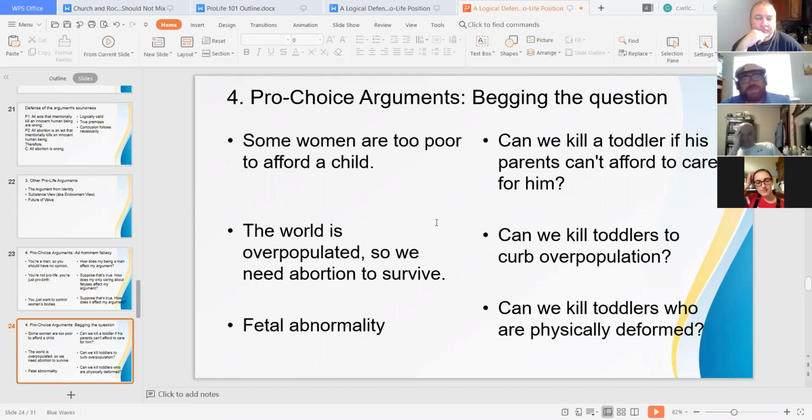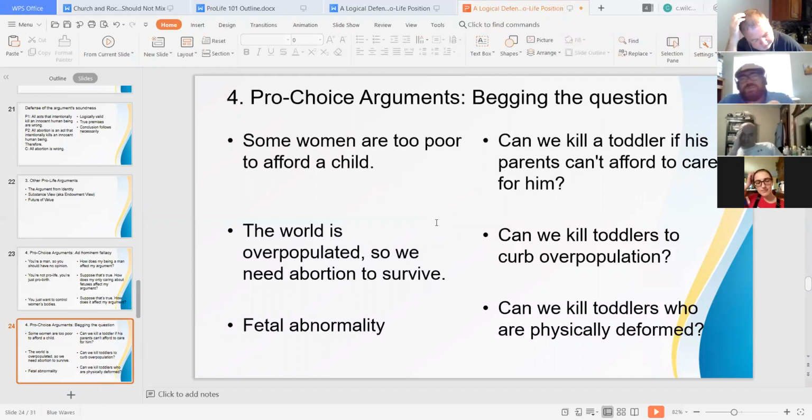So some common pro-choice arguments that beg the question are, well, some women are too poor to afford a child, or the world is overpopulated, so we need abortion to survive, or the argument from fetal abnormality. What if the fetus is severely deformed and will not have a very good quality of life?